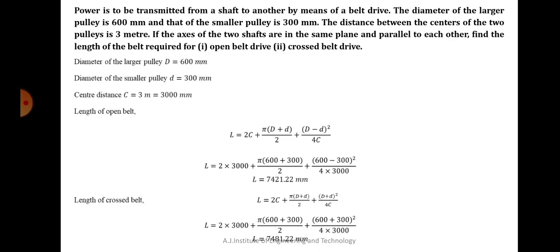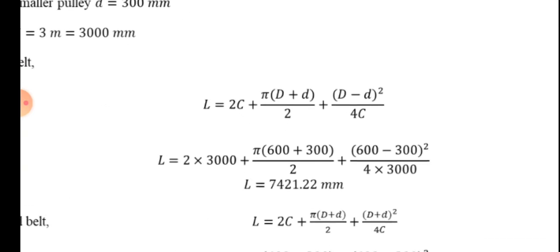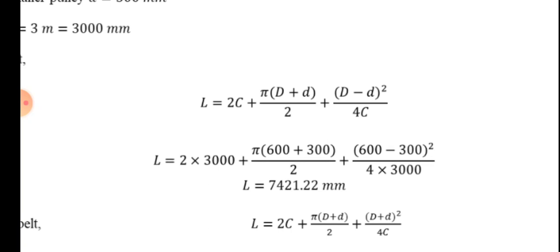So all the data are known. So we will just substitute the values. Okay, so L is equal to 2 into C. C is 3000. Distance between the centers is taken as C in this case. 2 into 3000 plus pi into (D plus d), that is (600 plus 300) divided by 2, plus (D minus d) the whole square, where capital D is 600 and small d is 300, divided by 4 into C, so 4 into 3000.